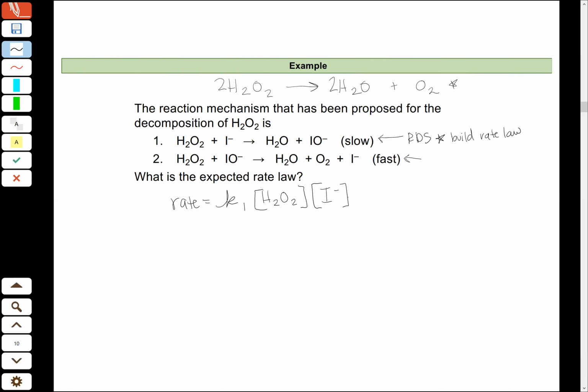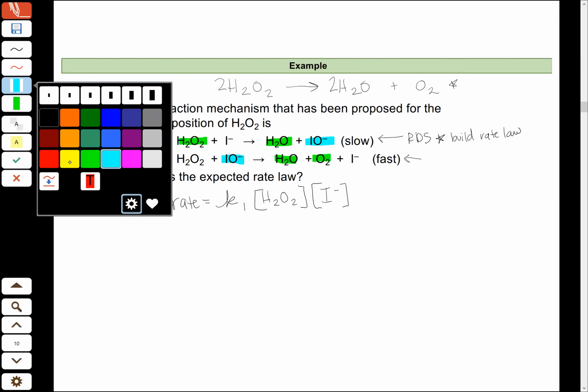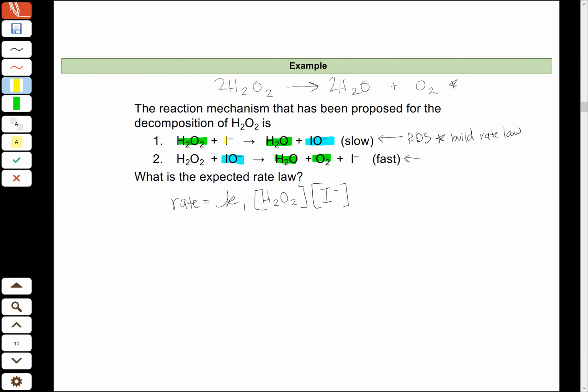You'll note within this reaction, we have our reactant and our products. We also have intermediates that form and that disappear. And we also have something a little different. This I minus, it's at the beginning of my reaction. It's at the end of my reaction.